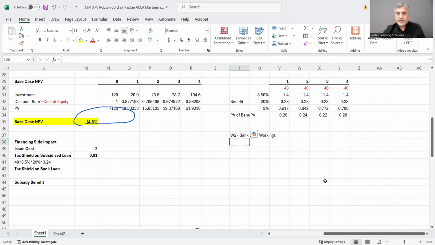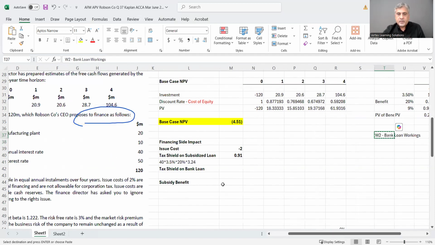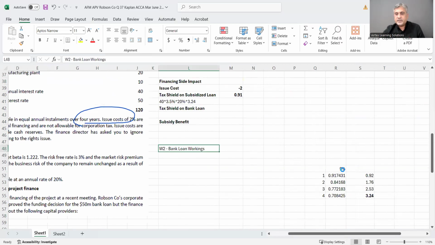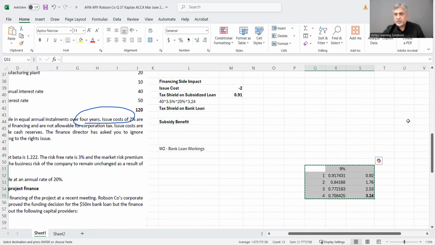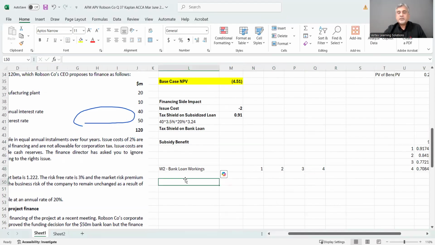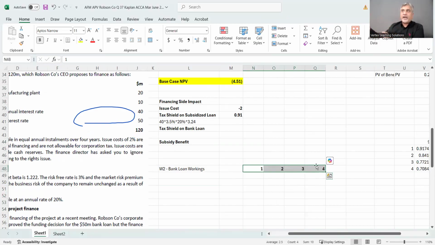And therefore I should take it here somewhere. I have to show this working. This one I just made for calculation of my present value. So bank loan in year 1, year 2, year 3, and year 4, equal installments. Now, this is one topic which you go back to ACCA FM or F9 and you learned it there. How do you calculate equal installments?